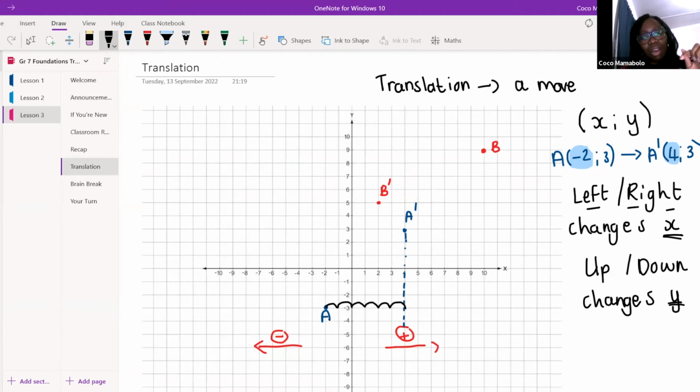Okay, we need to count how many steps we moved. 1, 2, 3, 4, 5, 6. Bukhali, be careful. It was 6 times. Let's look at that again. Okay, I'm starting at my A, which is -2. I'm going to move 1, 2, 3, 4, 5, 6. Okay, that is 6 times.